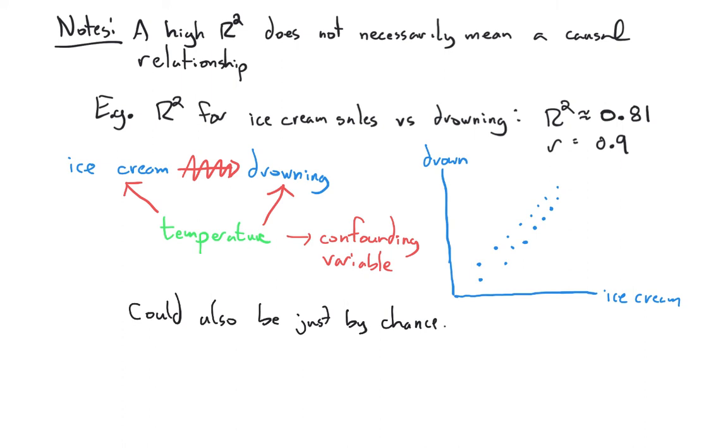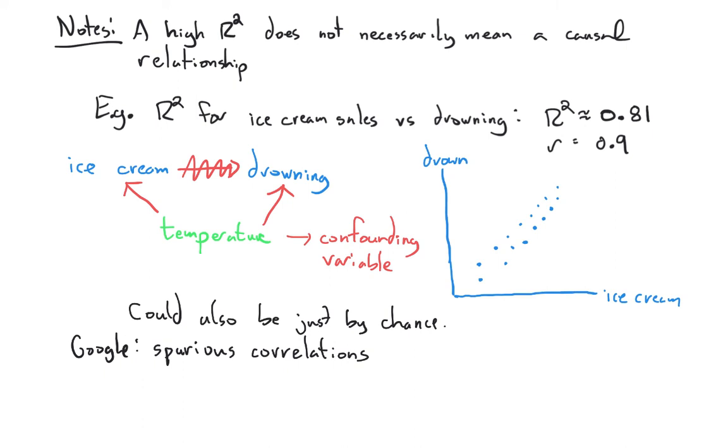And probably the easiest way to see this, if you go and Google the following thing, spurious correlations, you'll find a website that shows some really fun and cool spurious correlations.